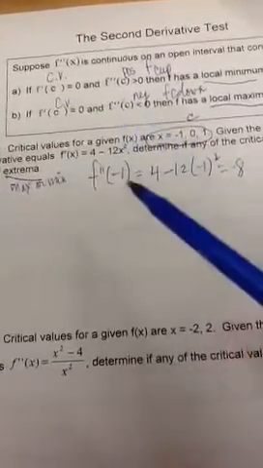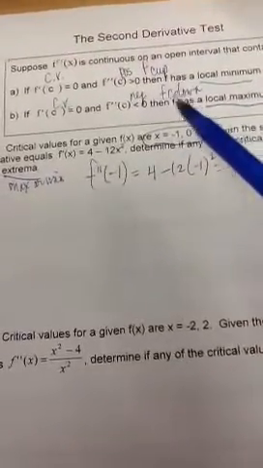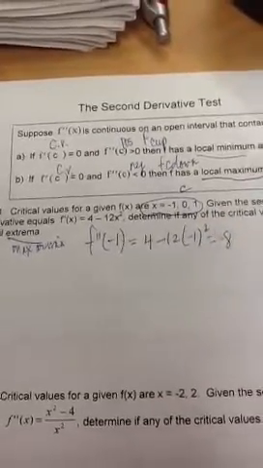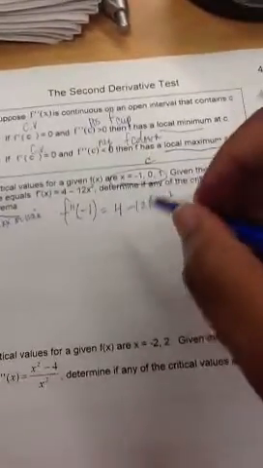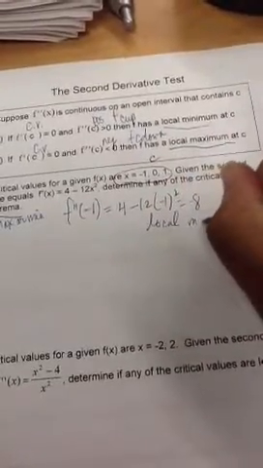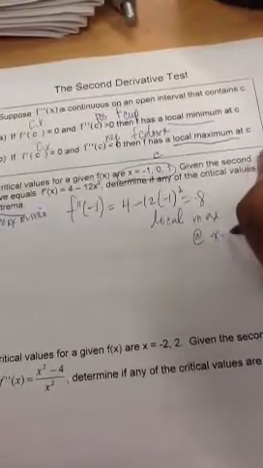And at f double prime of -1, I see that I have a negative number. So that means that my function will be concave down at -1. So that means that I have a local max at x equals -1.